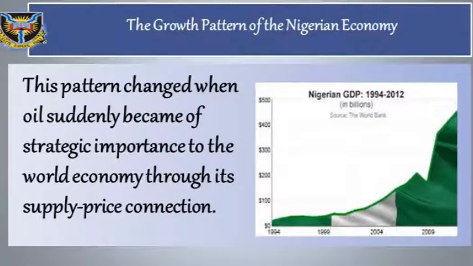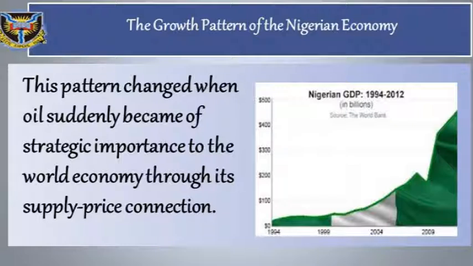This pattern changed when oil suddenly became of strategic importance to the world economy through its supply-price connection. The massive increase in oil revenue as a result of the Middle East War of 1973 created unprecedented, unexpected, and unplanned wealth for Nigeria.